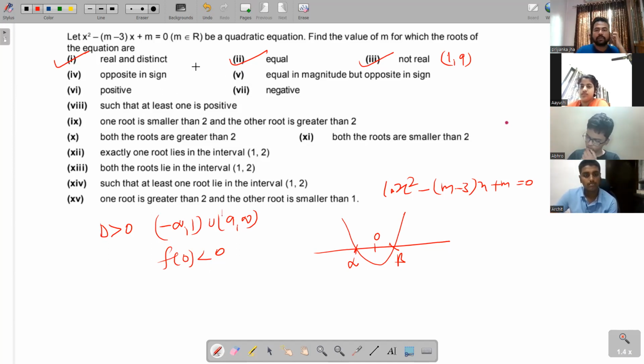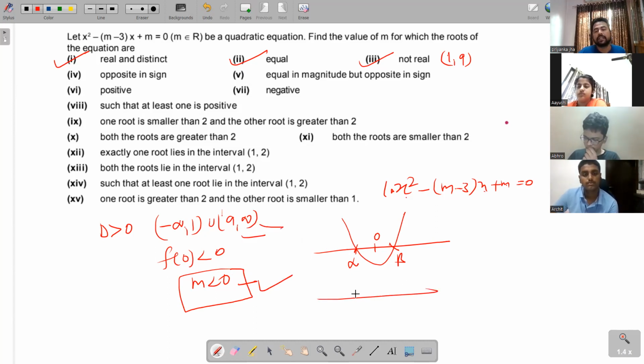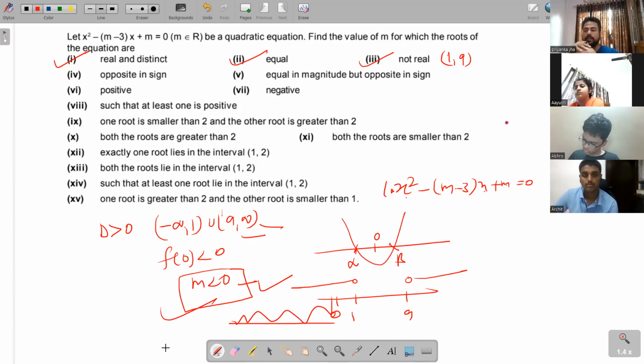So if you put x equal to 0 in the quadratic equation, you get m. So m is less than 0. Now you have to find the value of m that is common to both. So common will be less than 0, because from this condition m will be either less than 1 or more than 9, and here it says it has to be less than 0. So the common would be less than 0 only. Right?